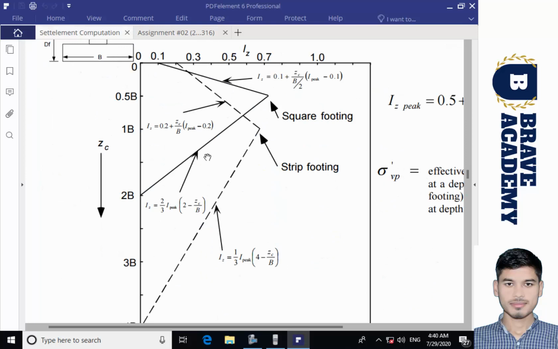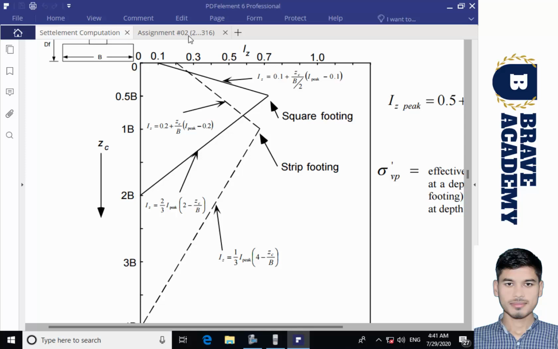For 3.5, as 3.5 is greater than the 1B value, that is 2.5, so you will now use this formula. You can see this arrow, and this is the formula for the greater values of Zc than 1B distance. Iz equal to 1 by 3 I peak into 4 minus Zc by B. Just put here 3.5 and I peak value, you know, 0.642.